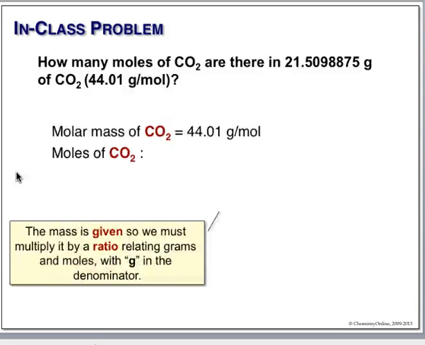We're going to use our molar mass as a ratio. Now our given is grams, so we must invert this so gram is in the denominator. Here's our given. Here's our molar mass flipped upside down so that grams can cancel.